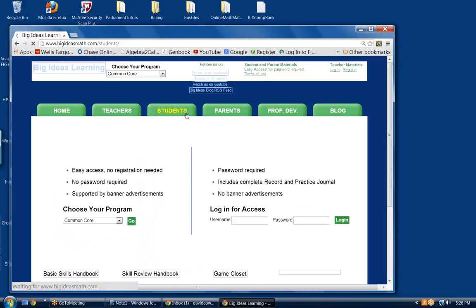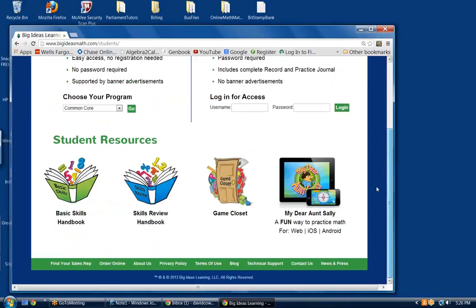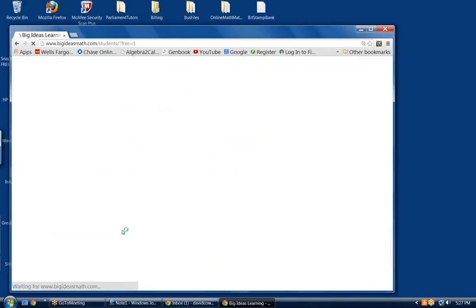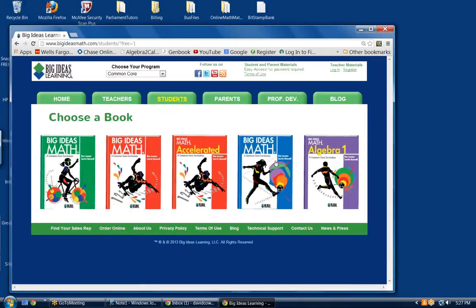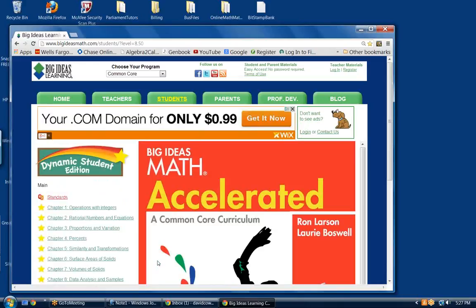Let's see. I think I have to click on students if I remember right. This doesn't look right. I don't remember having to put in a password and username before. So on the left where it says Home Edition, press Go. Okay. We need the middle one, Accelerated. And then chapter 3.